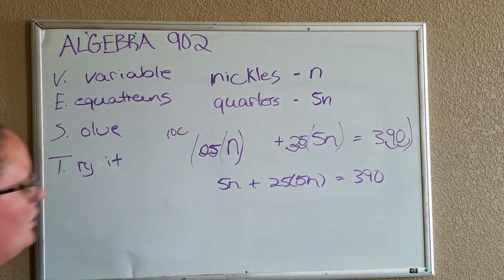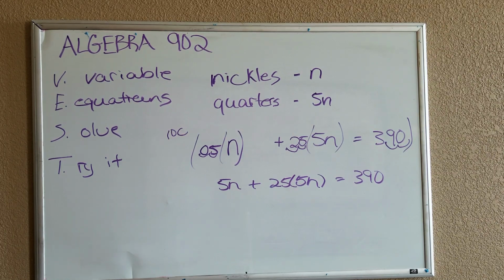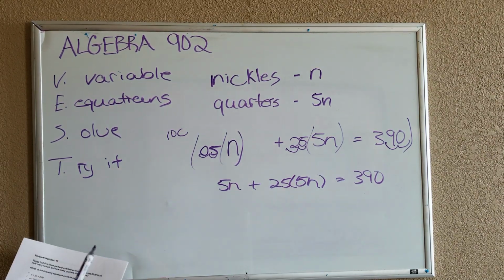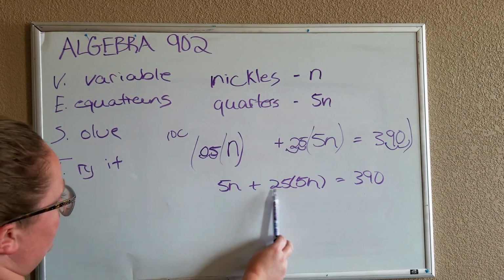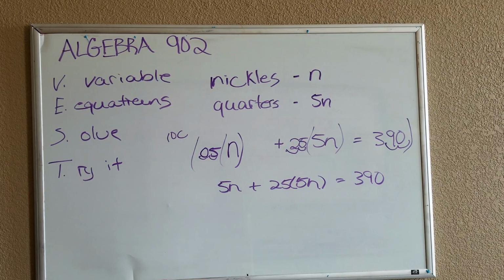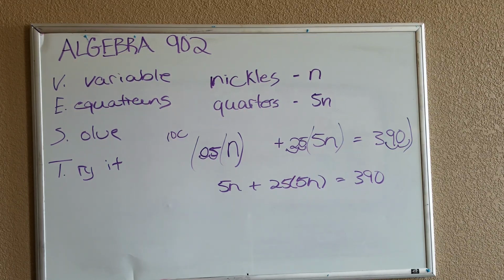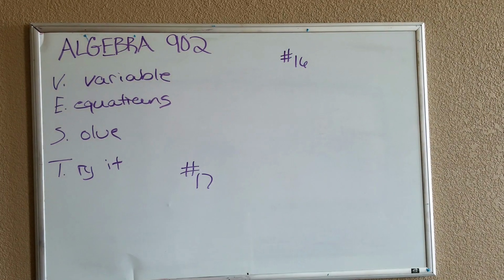No decimals. We don't have to worry about that anymore. Then, in this one, they actually want you to do this multiplication here, 25 times 5n. So you have 5n plus, I believe 25 times 5 is going to be 125n equals 390.